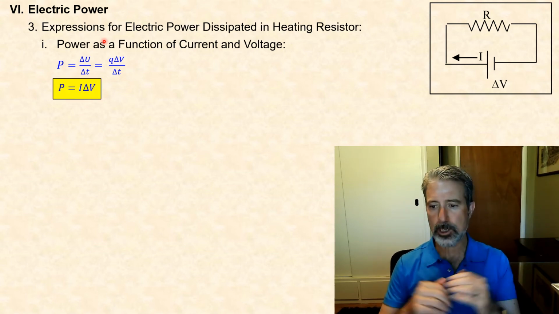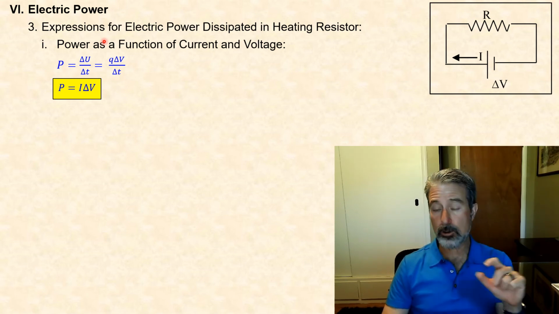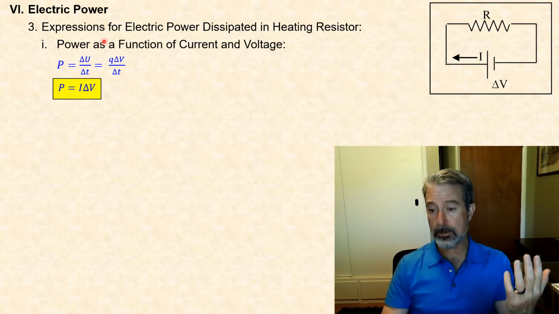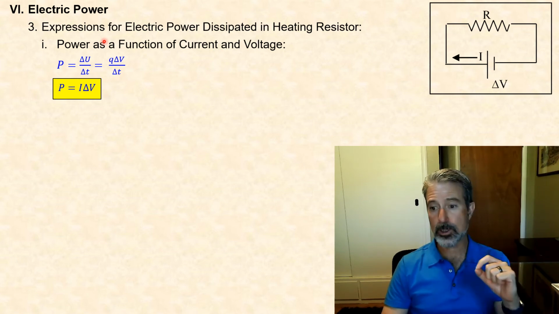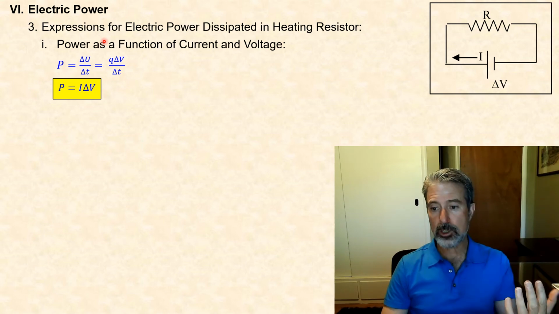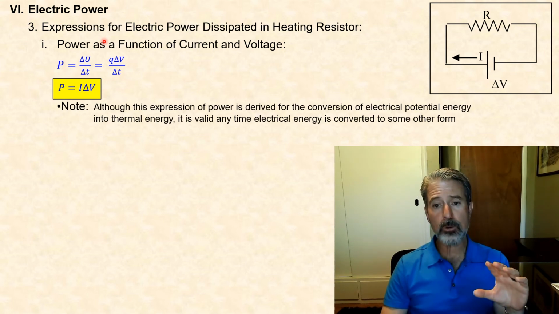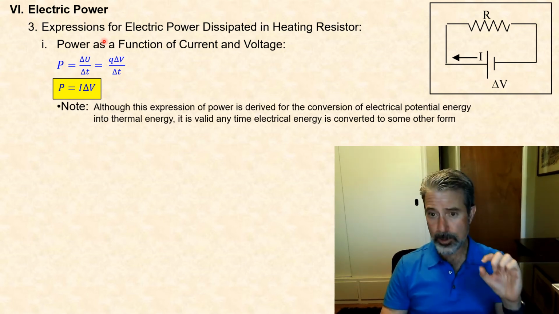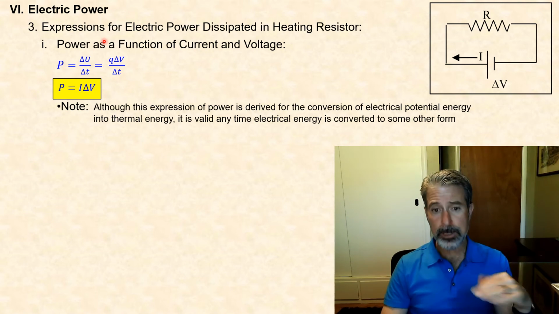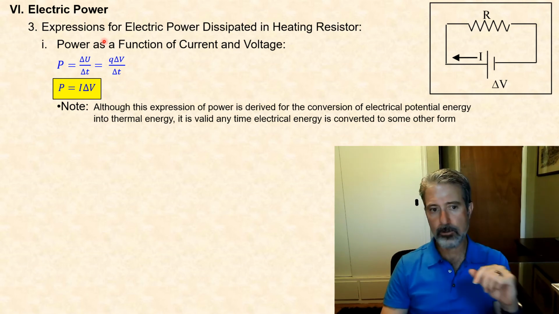So here we have our first expression for electric power: the electric power goes like the current times the electric potential difference for your circuit, which is driving the charge through your circuit. And I say here that although this expression for power is derived for a specific case, a conversion of electric potential energy into thermal energy, it is valid anytime electrical energy is converted to any other form.